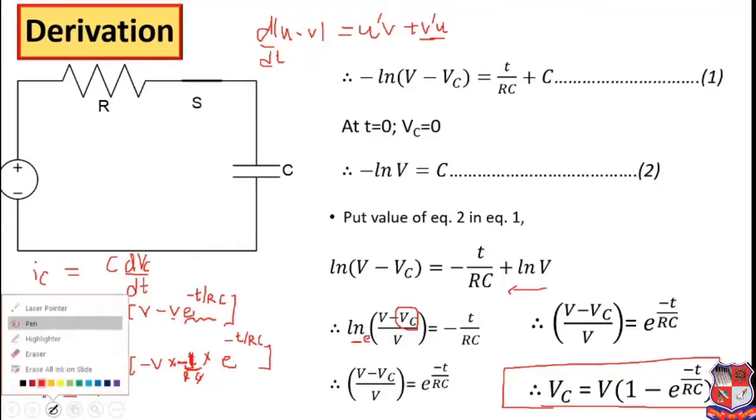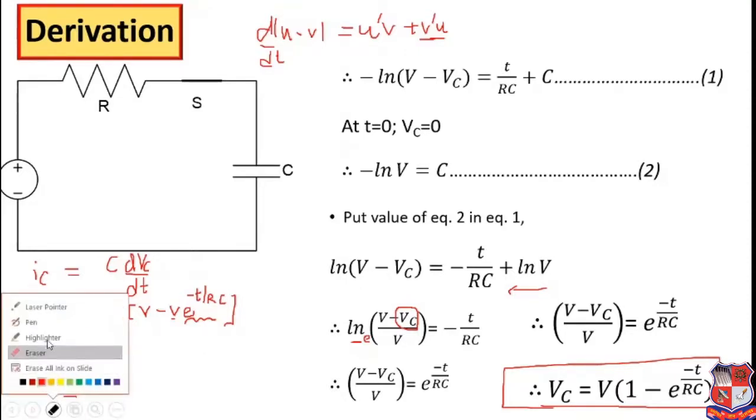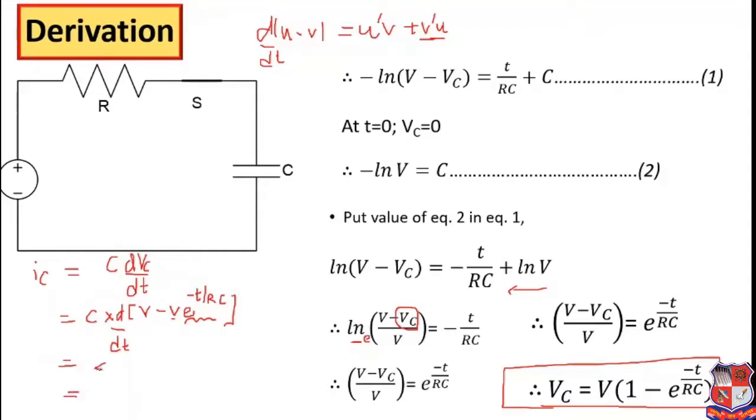So let me solve this again over here. I think this much portion should be solved again to clear your doubt. It will be C times minus V multiplied by e raised to minus t by RC, and the differentiation of e raised to minus t by RC will give us minus 1 upon RC.